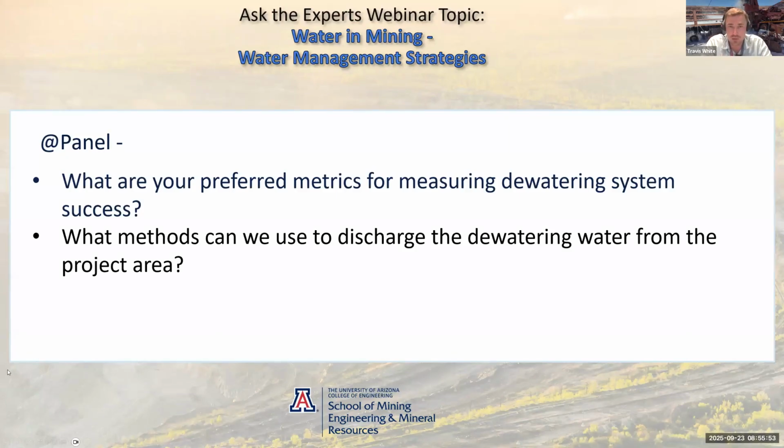And then methods we can use to discharge the dewatering water from the project area. Jeff mentioned one. It's something we do quite a bit in Anglo American. It's managed aquifer recharge. It's a pretty responsible technique and method, and it's also really good for water security and water supply.